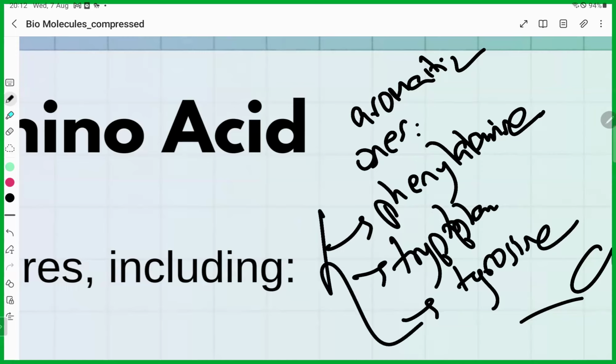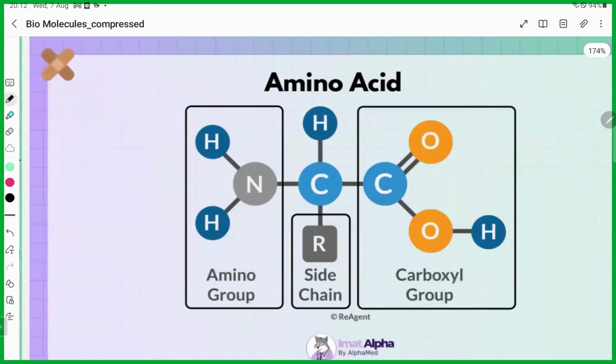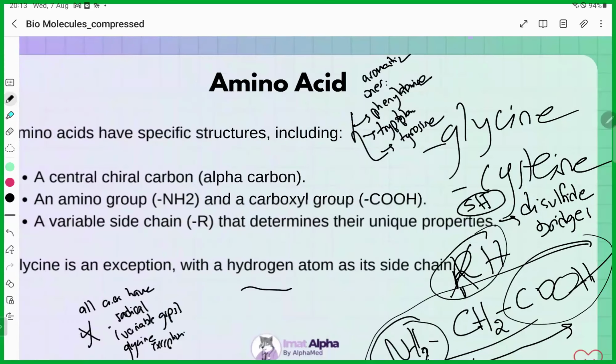So these you should memorize, the aromatic ones. You should memorize that cysteine has disulfide bridges through an SH group. And glycine does not have a radical, it only has an H.